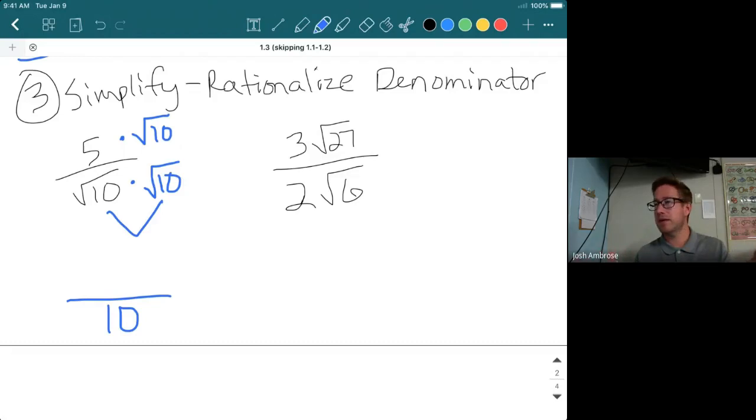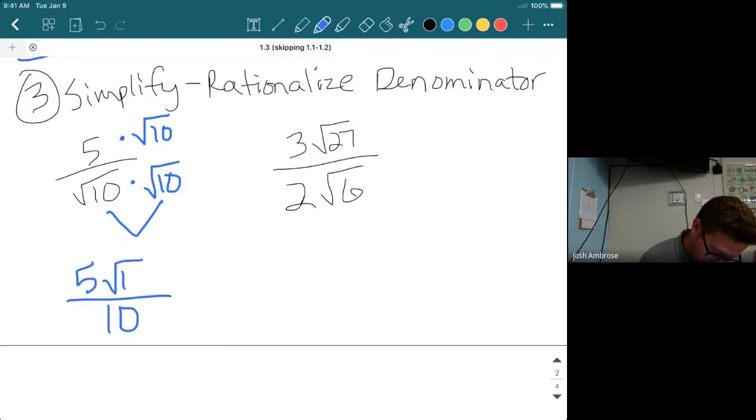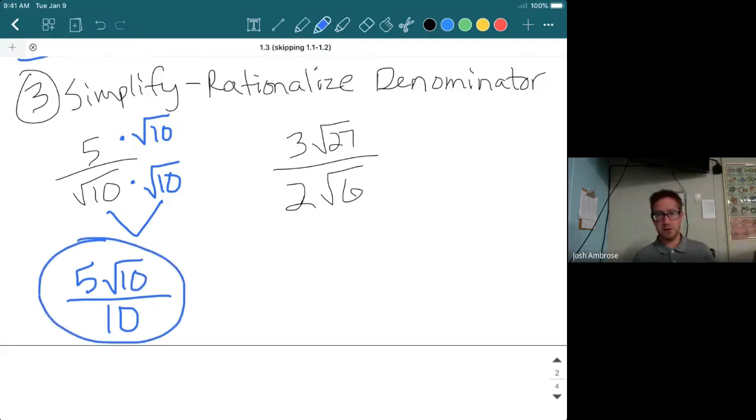That doesn't help, and here's why: 5 is prime, so that can't go anywhere, and 2 is prime. So leave it as radical 10. So 5 radical 10 over 10. There we go. There's our solution here.